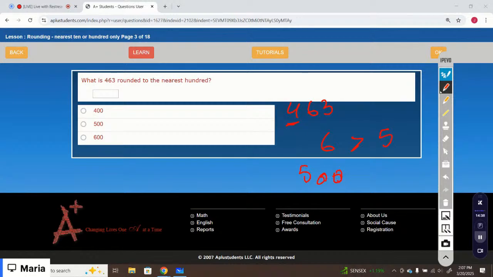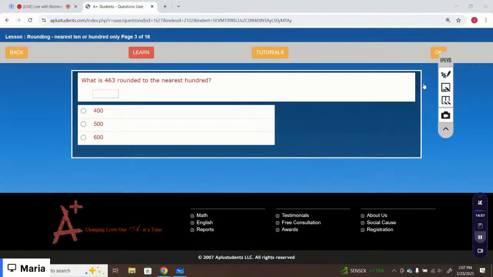So it would be rounded off to 500. 463 is rounded off to 500. Option number 2 is the correct option.